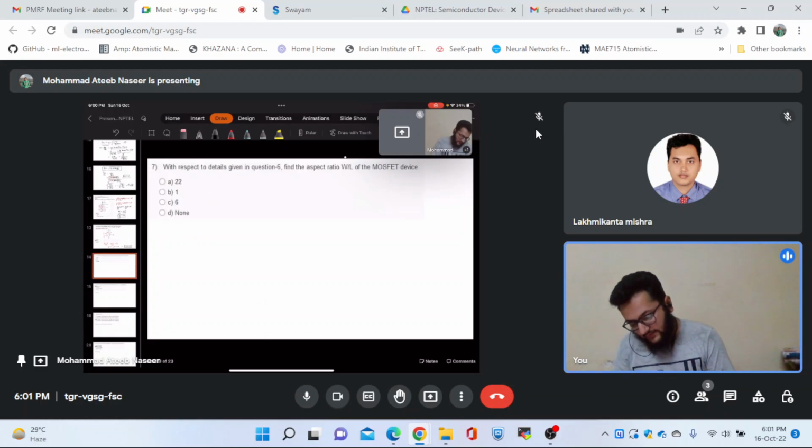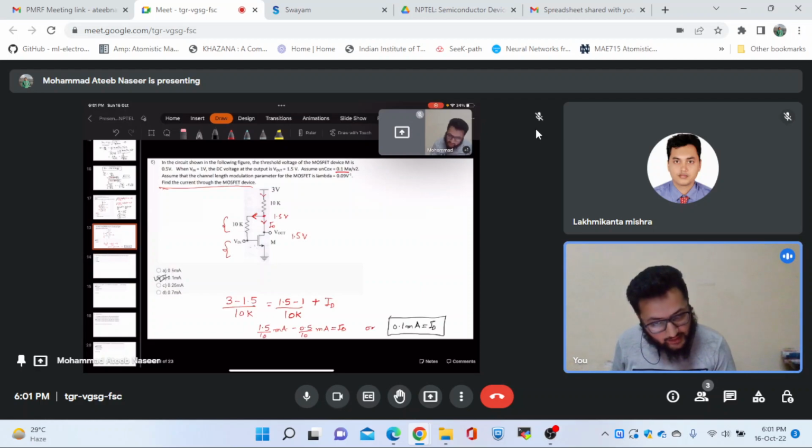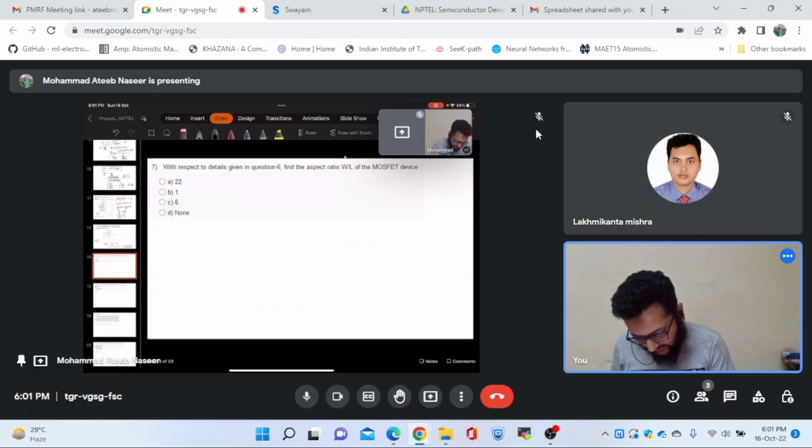Now we are left with just this problem. With respect to the details given in question 6, we have to find W by L. We know this current is equal to 0.1 milliamperes, and W by L needs to be found.